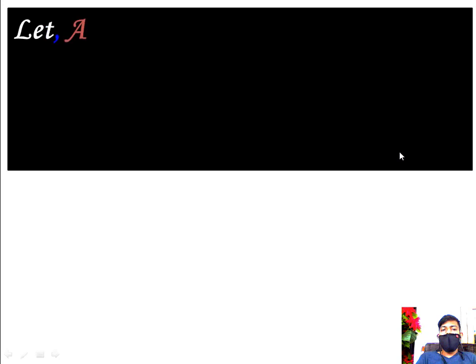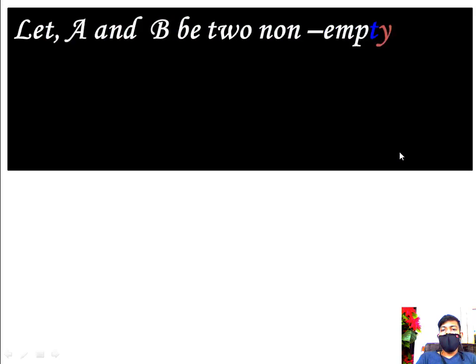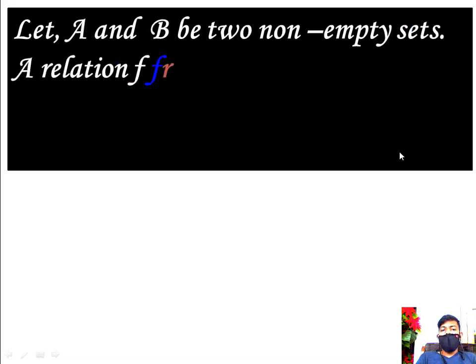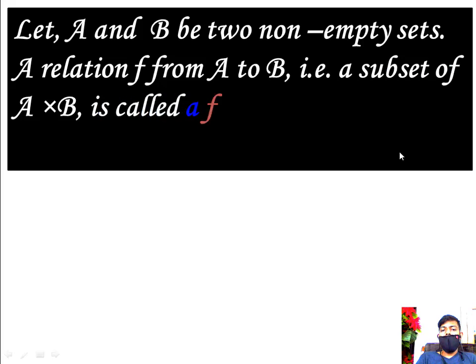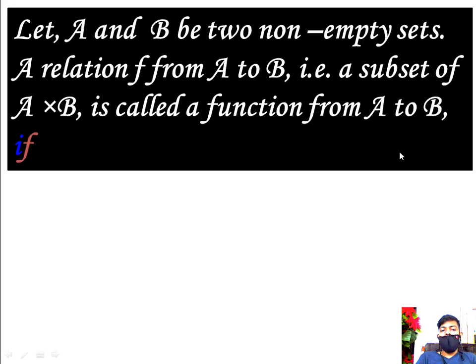Now we will understand the definition of function. Let A and B be two non-empty sets. A relation f from A to B, that is a subset of Cartesian product A cross B, is called a function from A to B if there are two conditions.